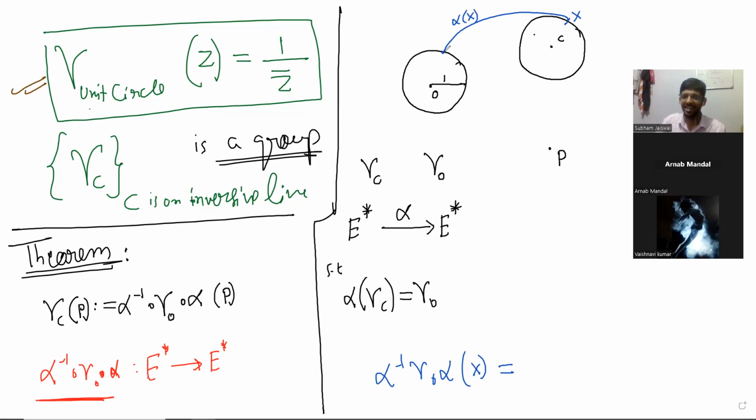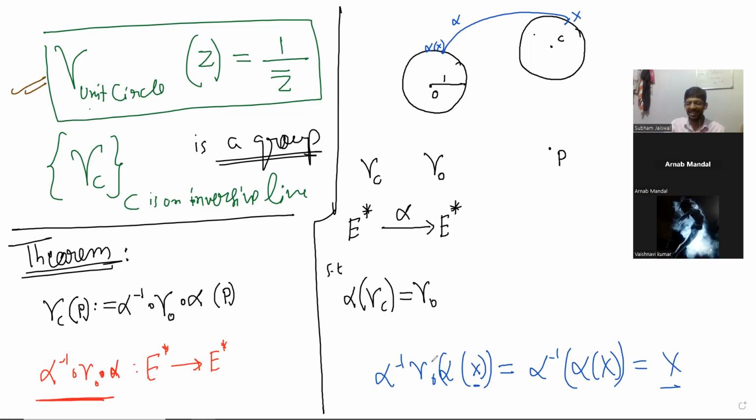And then if you apply gamma naught, it doesn't do anything to it by definition, because you're inverting about gamma naught and alpha X is here. So this and this is just X. Boom, X is okay.